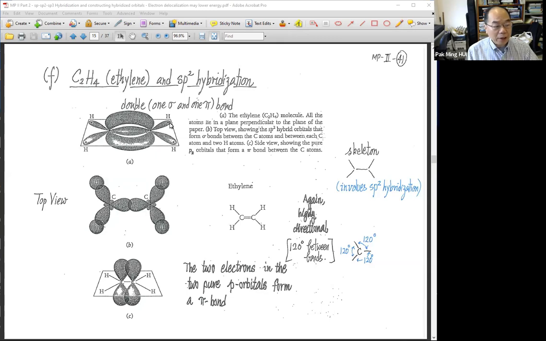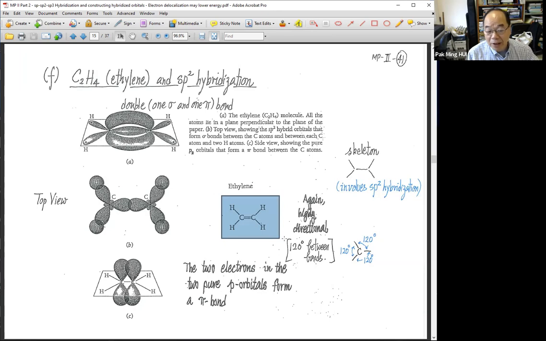The first thing we would like to discuss is sp2 hybridization. It is better to do it with an example. The example here is C2H4. Here you see several standard pictures of this molecule. This is the chemist's viewpoint.